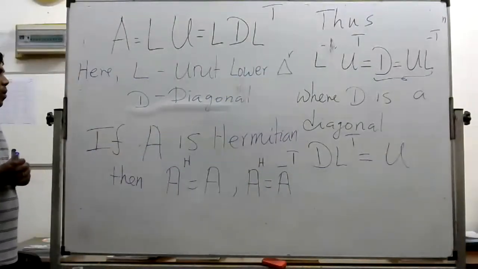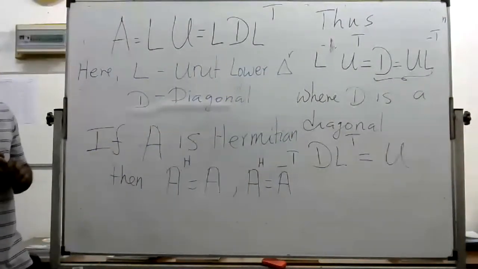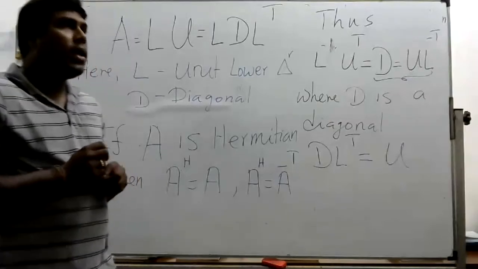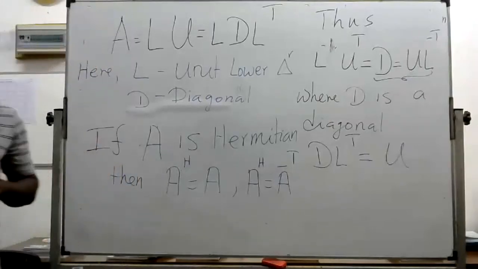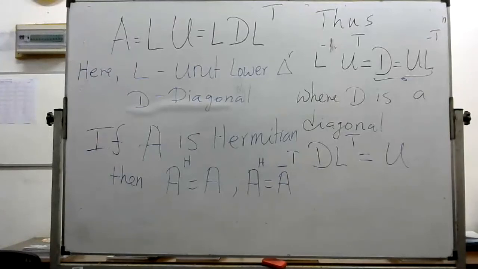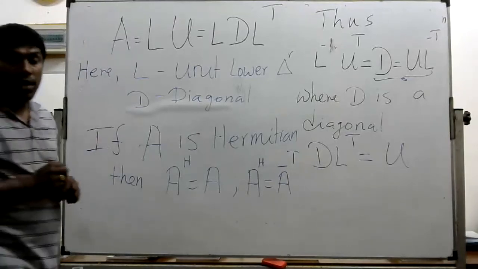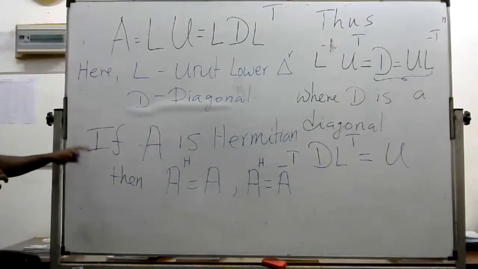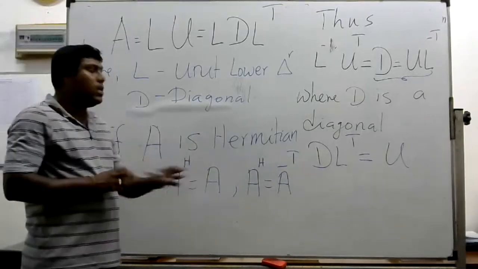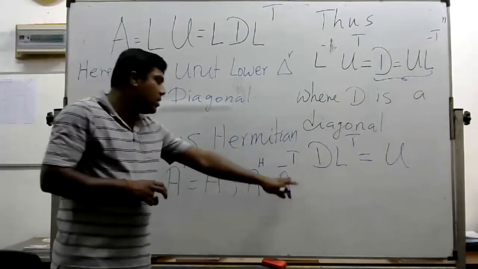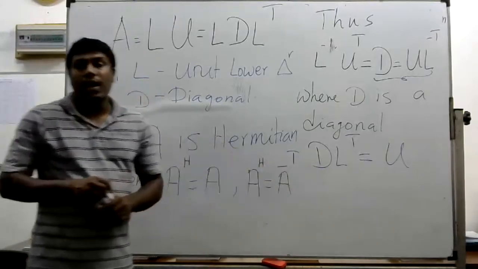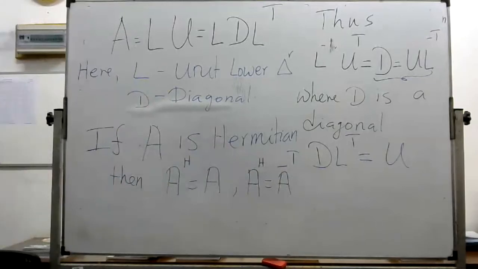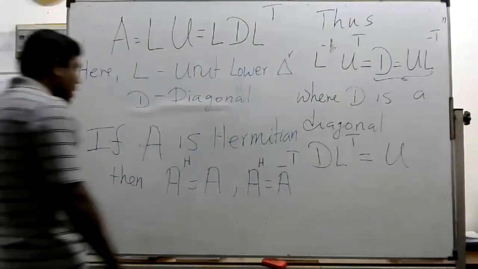But if A is a complex matrix, then symmetric is not enough. So you have to go for the conjugate transpose. In that case, we call it Hermitian. Right? So we call this matrix a Hermitian matrix if A Hermitian is equal to A. And A Hermitian is the conjugate of A and transpose. At the very first class, I introduced you to the conjugate and the transpose. Right?